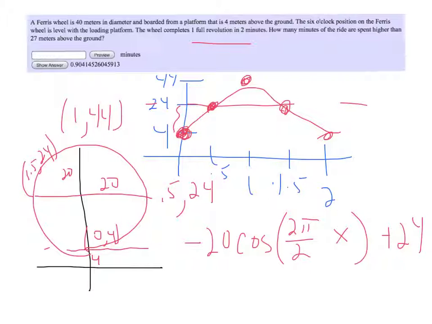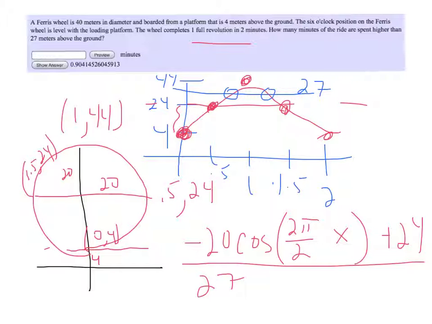So then what we're going to do is put this equation into y1, put 27 into y2, and look for how long, see what we're doing here, let me go to a different line. This is the line y equals 27. You're going to be looking for that intersection point and that intersection point.